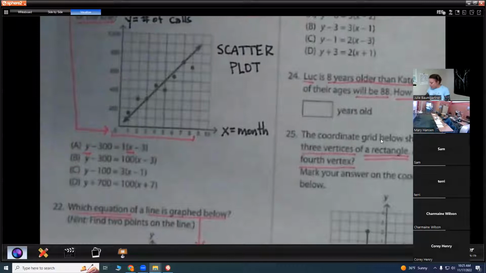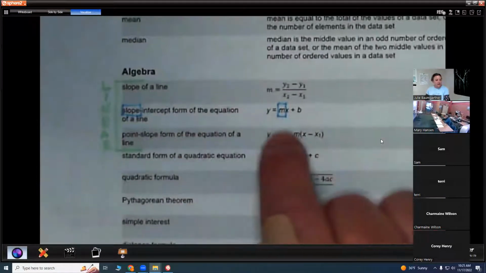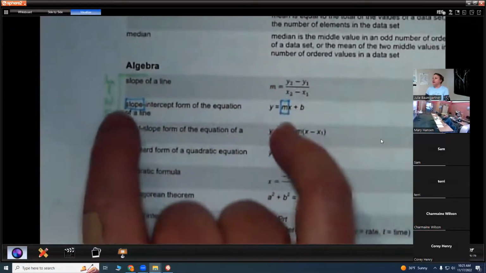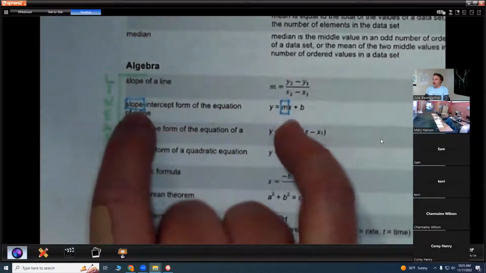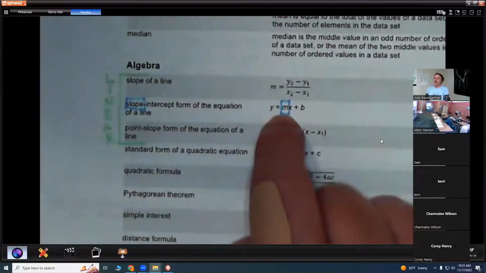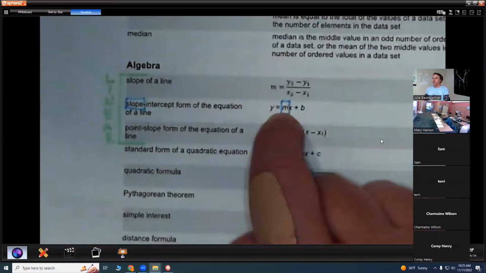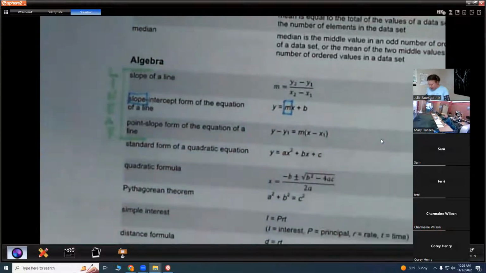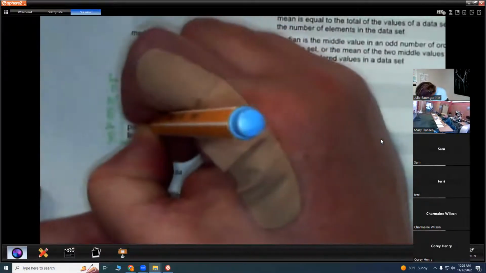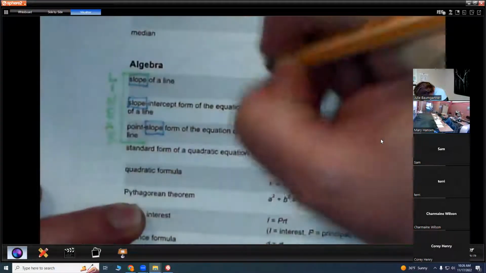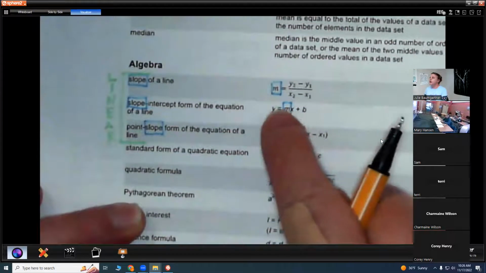So yeah, good. In our formula, slope is represented by the letter M. When you look at a linear equation, the slope, the M, will actually be a number, but the X will still be an X. And you can see that in our other formulas, we have a formula that actually helps us calculate our slope.